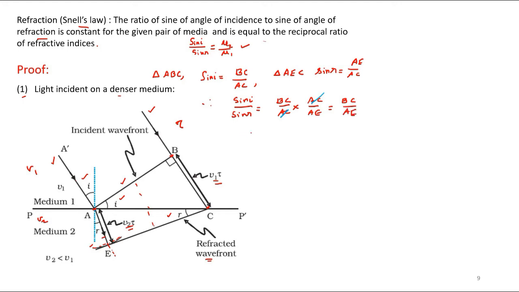So sin I by sin R is equal to BC by AE. BC is V1 tau, AE is V2 tau. Tau of course you can cancel.